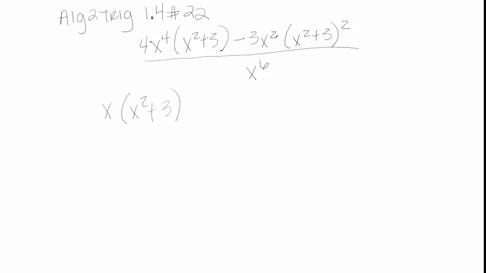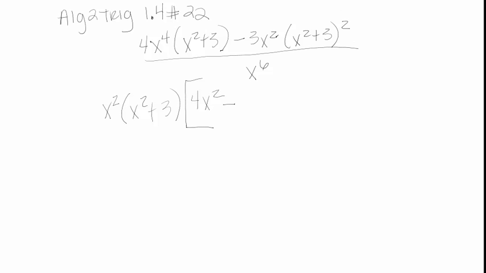So we can actually factor out x squared times x squared plus 3, and I'm going to put little brackets here to let myself know that I'm writing what goes in the center, and we just rewrite what's left. And 4x to the fourth, if I take out the x squared, becomes 4x squared.